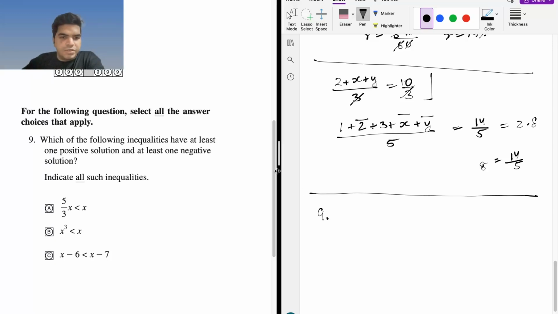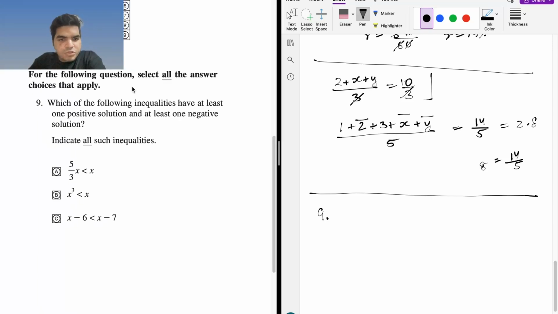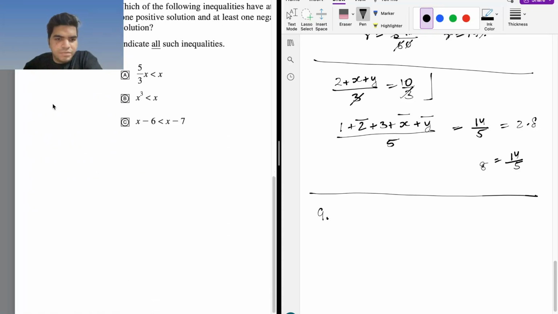Now, coming to the ninth question. Which of the following inequalities have at least one positive solution and at least one negative solution? Okay, so you can choose multiple answers. How many options are there? Okay, only three. That's weird.